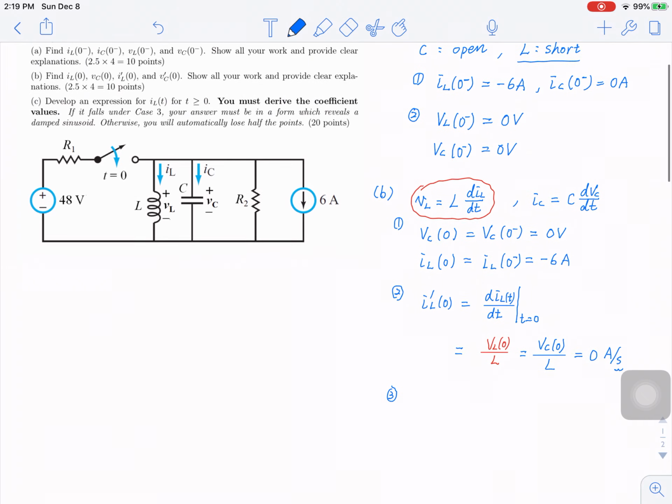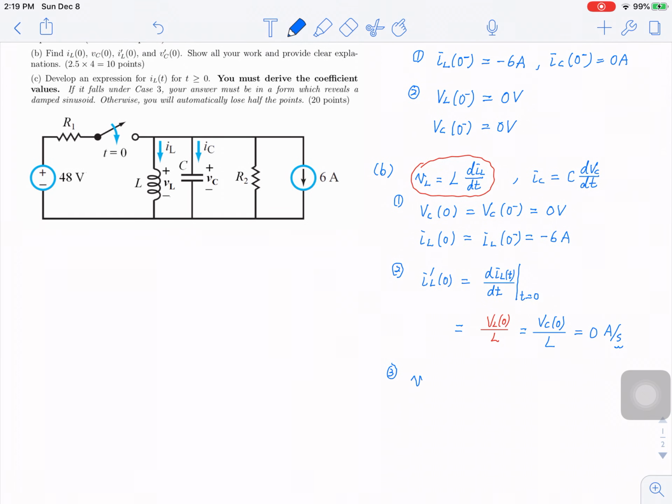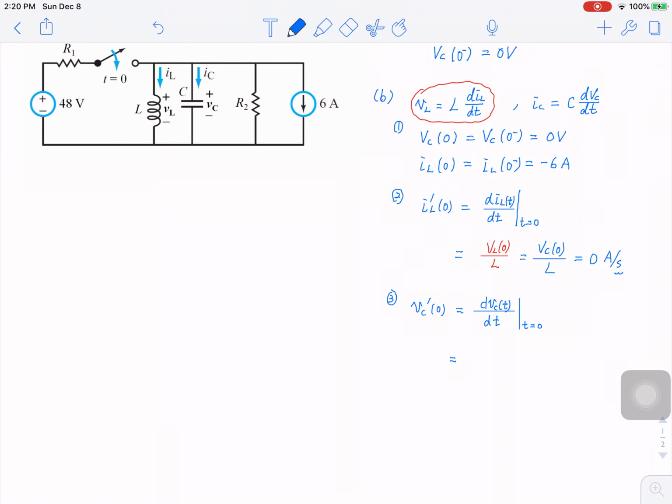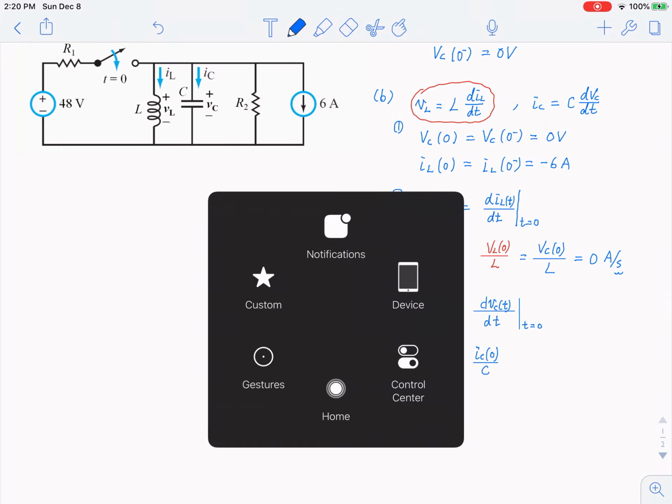So next, what is our VC prime at t equals 0? This is equal to dVC/dt at time 0, and we know that this is actually equal to IC at time equals 0 divided by C. But we have no idea about this.